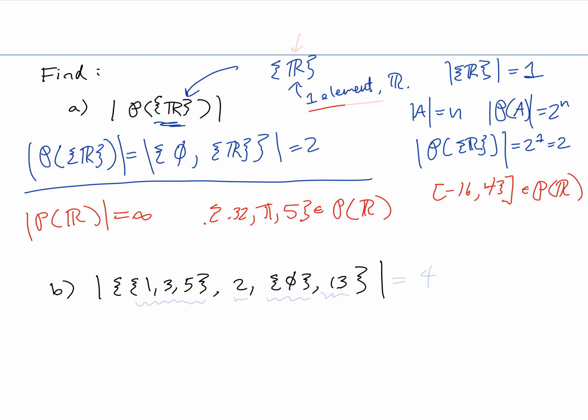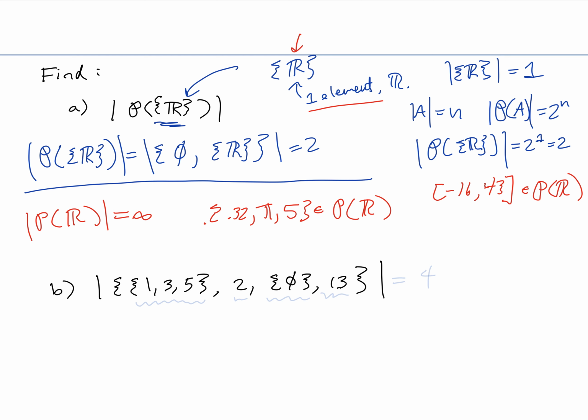It would be a subset of the real numbers. So the power set of the real numbers would be very much infinite, with many, many possible sets that are subsets of the real numbers. But that is different than the power set of the set containing the real numbers, because, again, this set has only one element, and so there are only two subsets of the set containing the set of real numbers.